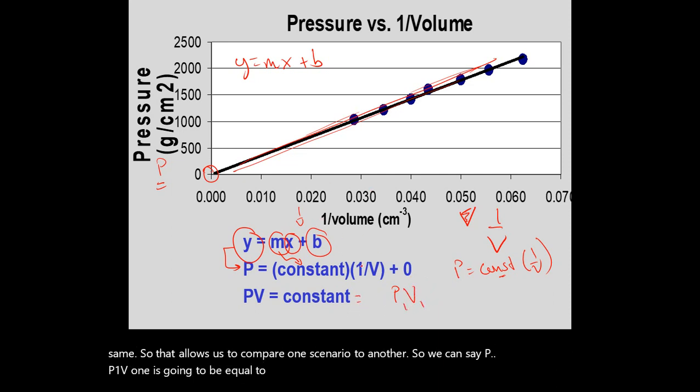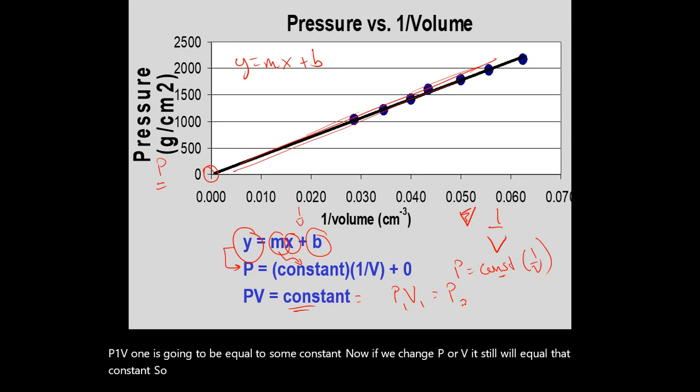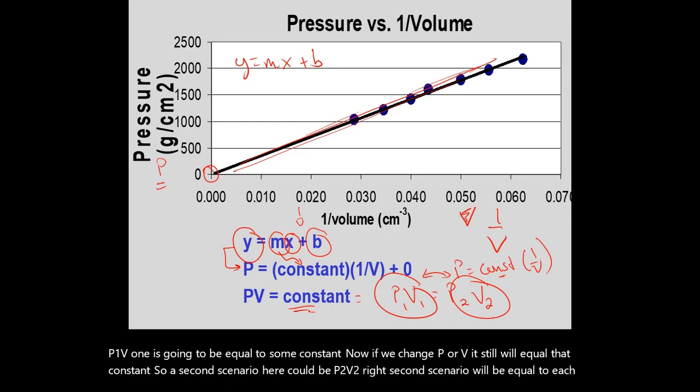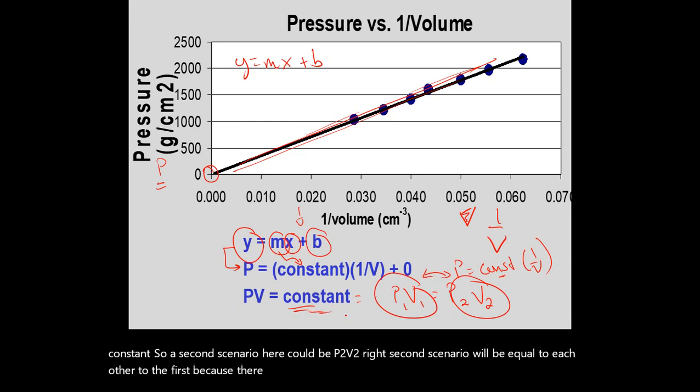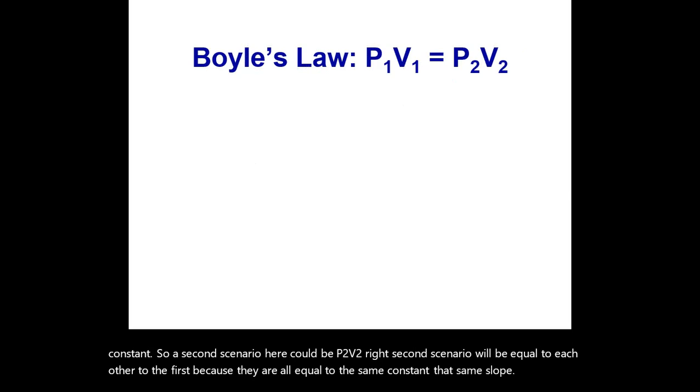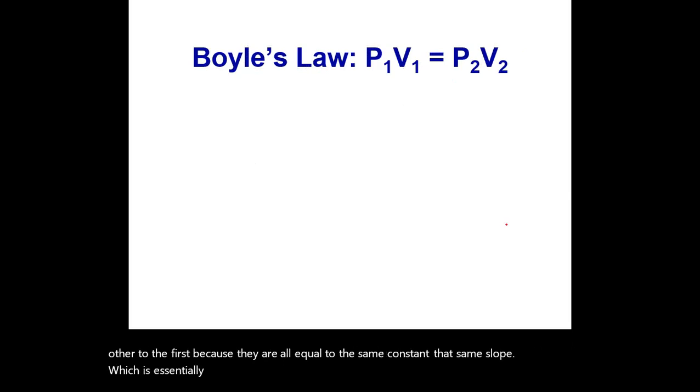Now, if we change P or V, it still will equal that constant. So a second scenario could be P2V2. A second scenario will be equal to the first, because they're all equal to the same constant, that same slope, which is essentially Boyle's law. P1V1 is equal to P2V2. Not too difficult to forget, not hard to remember.